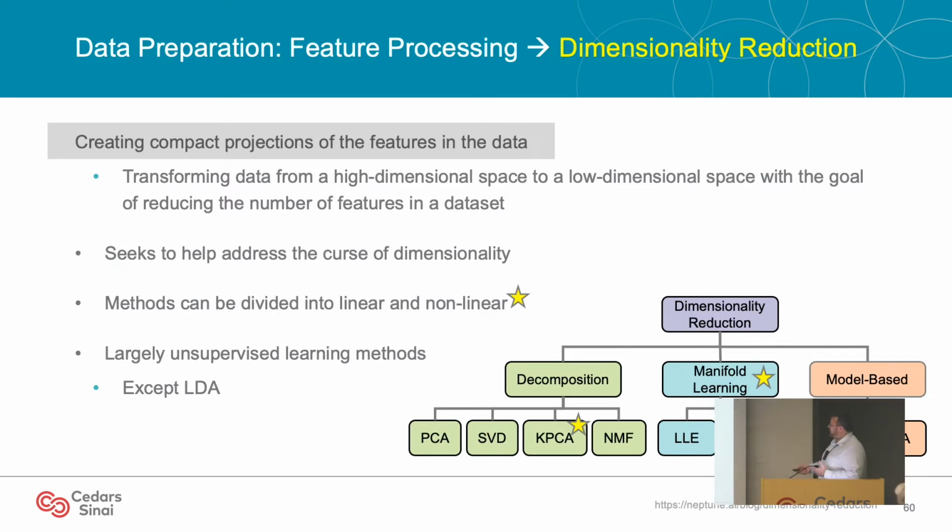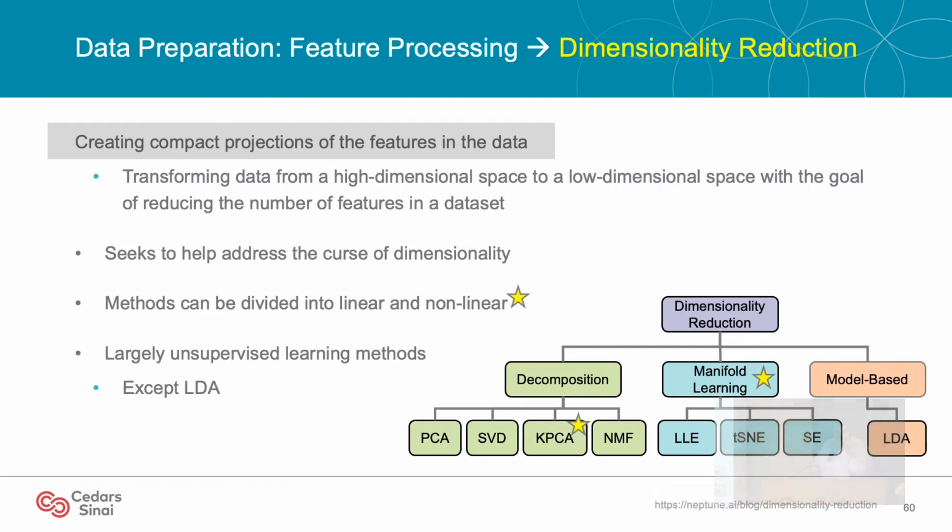It attempts to address the curse of dimensionality. And this, without going into any details of these methods, is just a tree representing different types of dimensionality reduction methods. So these are decomposition methods, manifold learning, and model-based approaches. These methods can either be linear or nonlinear. The nonlinear ones have a star, so all of manifold learning are nonlinear.